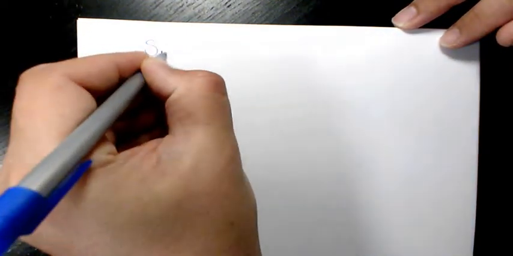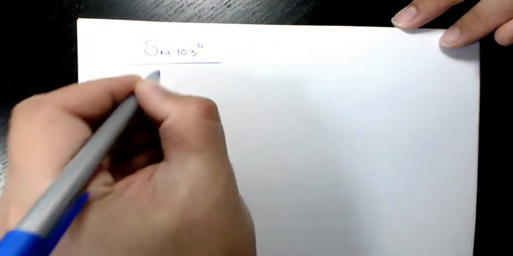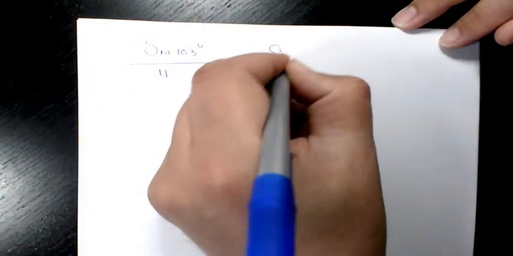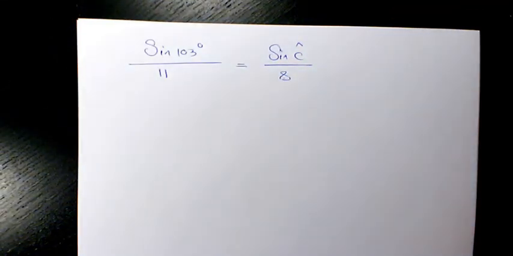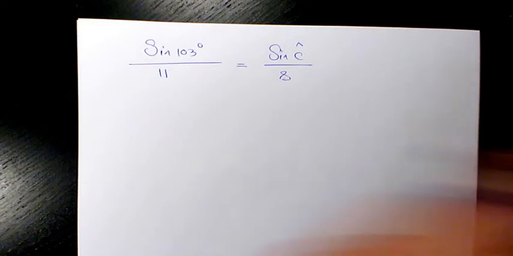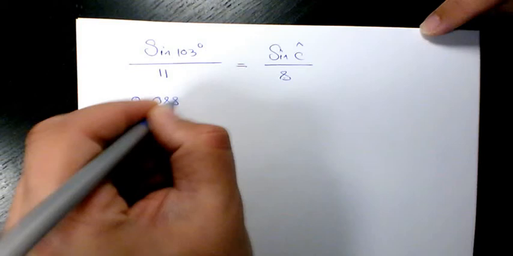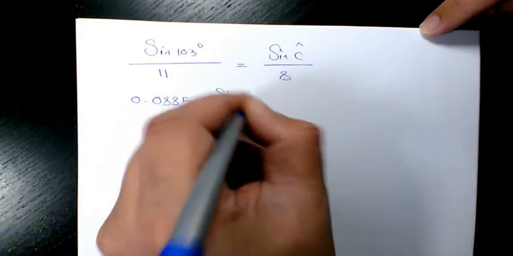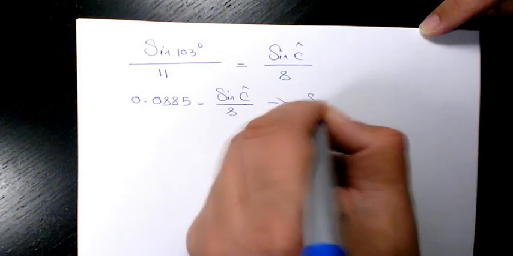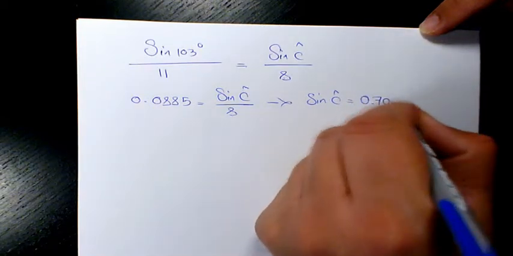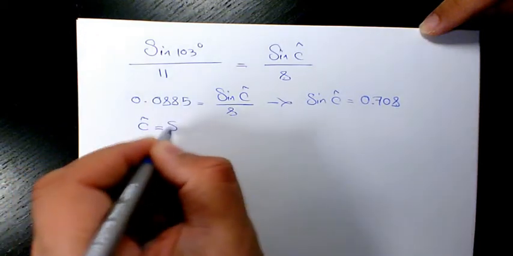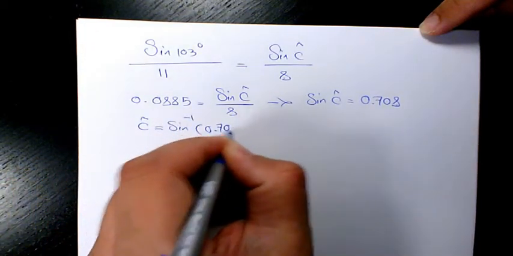I'm gonna say sine 103 degrees over 11 equals sine C over 8. So sine 103 divided by 11 is going to be 0.0885. So sine C is going to be 0.0885 times 8, which is 0.708. So C will be sine inverse of 0.708.